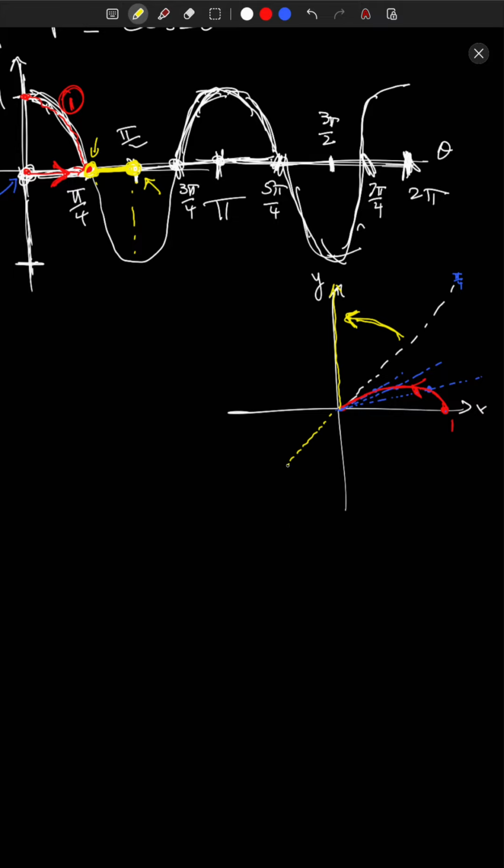Here's the opposite to pi over 4, the line that continues on the opposite end. The opposite to the positive y-axis is the negative y-axis. We're supposed to be starting at pi over 4 and going to pi over 2, so what we're actually going to be drawing is going from here to there, because again, r is negative.